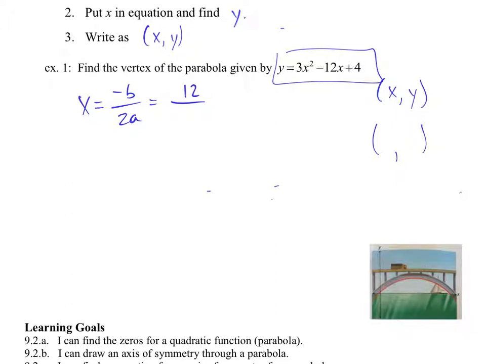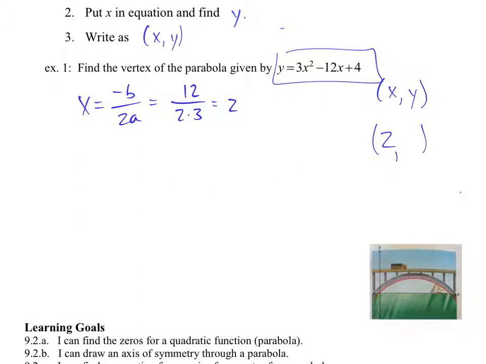Perfect. It's a positive 12, because my b value is a negative 12, and you agree negative of negative 12 is just positive 12? All over 2 times a, and a is 3. So my x value ends up being 12 divided by 6, which is 2. So I'm halfway there. The x value of my vertex is 2.